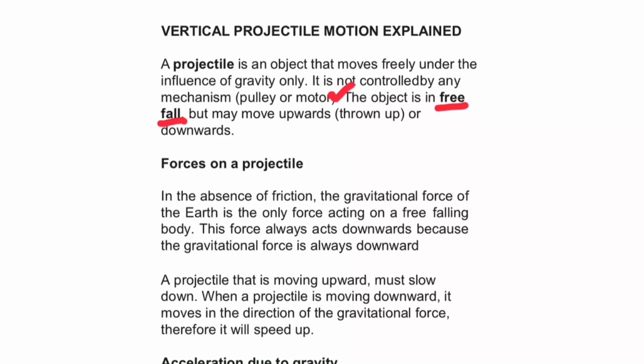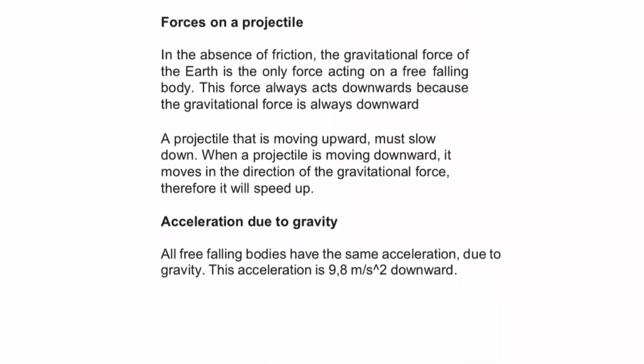Now let's talk about the forces that are acting on a projectile. Like we've said, in the absence of friction, the gravitational force of the earth is the only force acting on a free falling body. If you throw a ball upwards, why does it come down? It comes down because it's being pulled downwards by the earth, right?